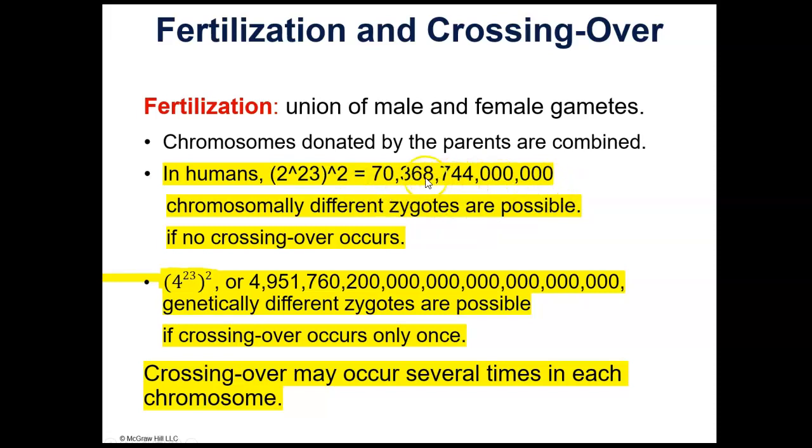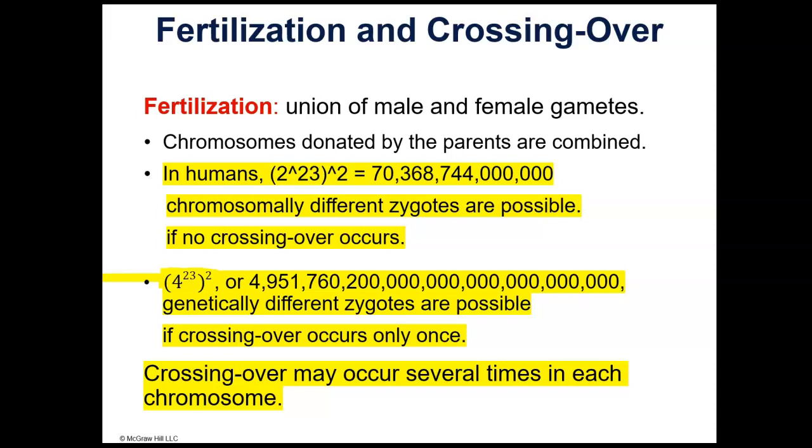And this is over 70 trillion variations in the zygotes, 70 trillion different zygotes without crossing over. And then if there is crossing over just one time, and that's not even realistic because crossing over tends to happen several times in each chromosome.